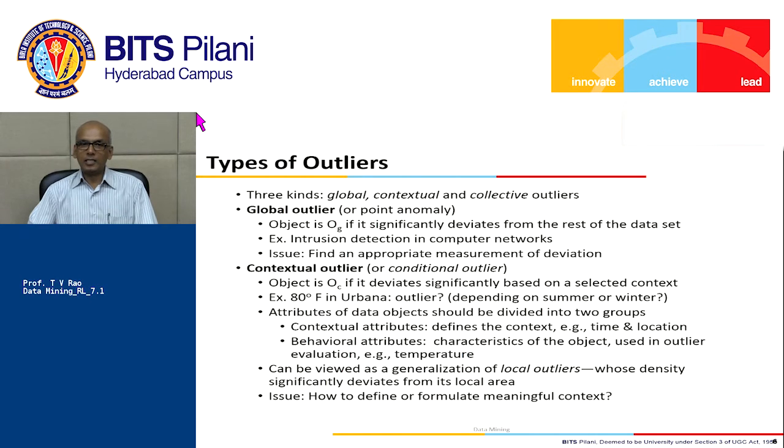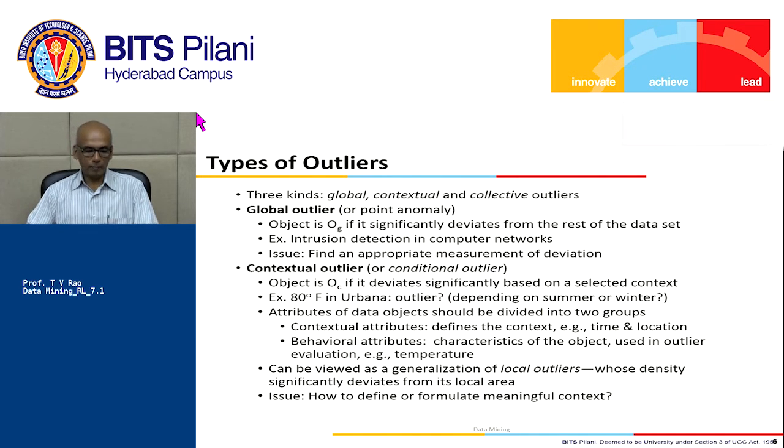But it is unusual because it happened in a city where the usual range is much different. So in a global context, you cannot say minus 10 degrees is an outlier.